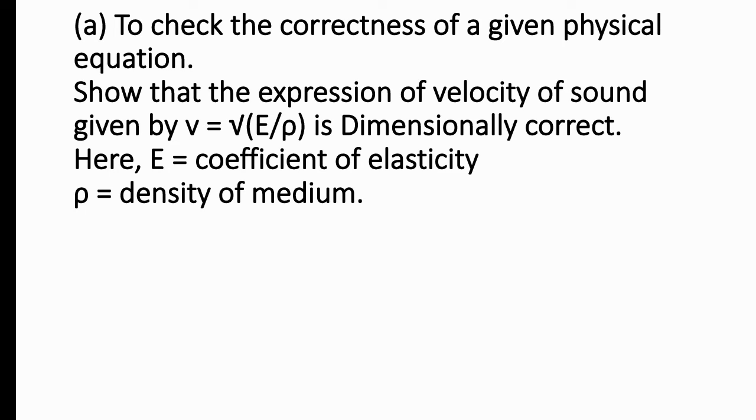To check the correctness of a given physical equation, we are given a problem. Through solving the problem we can check the correctness of the given physical equation. The problem is whether the expression for the velocity of sound, v equals root over E by rho, is dimensionally correct or not. Here E is the coefficient of elasticity and rho is the density of the medium. On the left hand side, v is velocity, so its dimension is L T to the power minus 1.